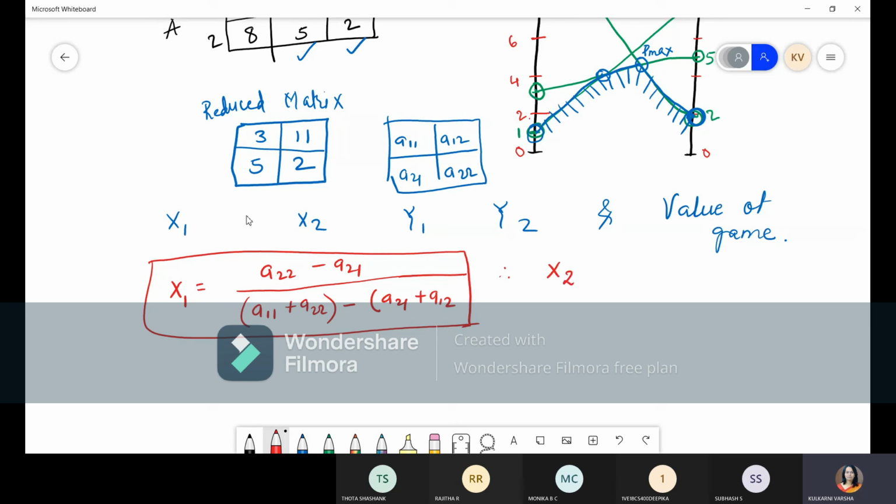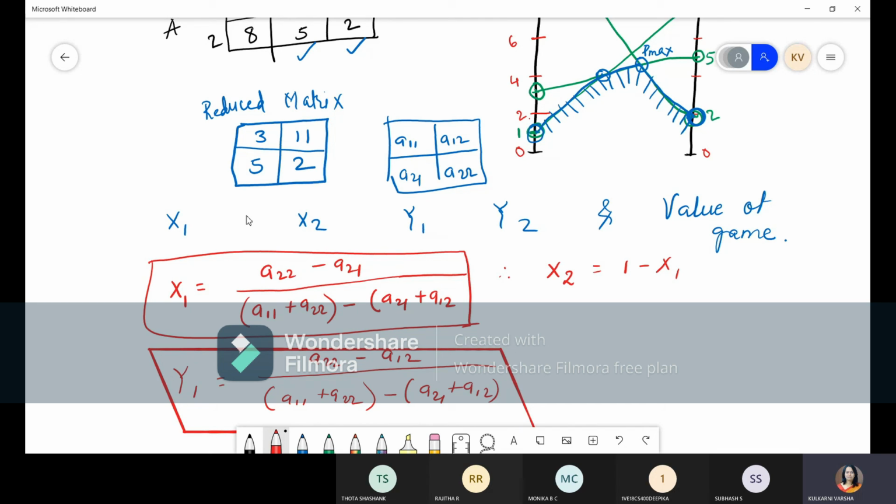Therefore x2 is equal to 1 minus x1. Same way you will have for y1, where the denominator will be the same, but the numerator will be a22 minus a12 and the denominator is the same, a11 plus a22 minus a21 plus a12. So this is your y1, right? And therefore y2 is equal to 1 minus y1, right? You got this one.